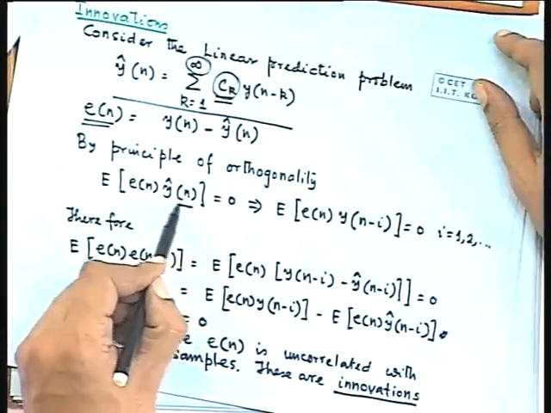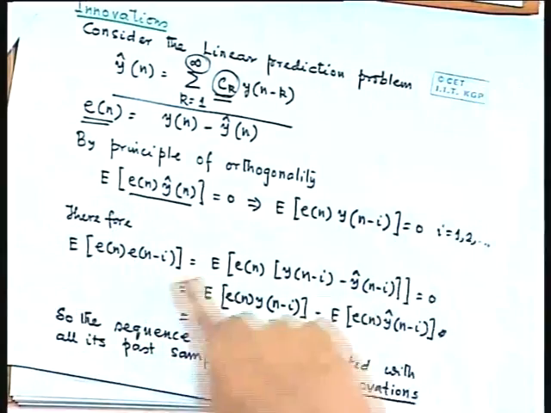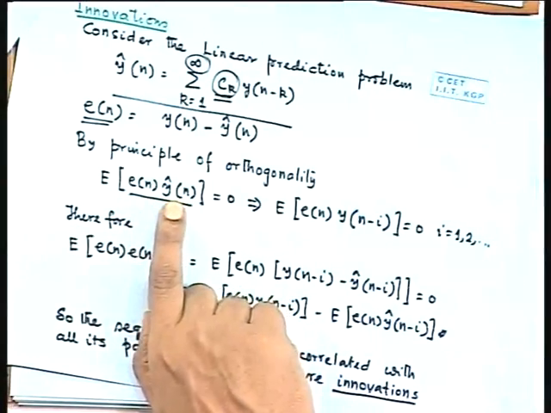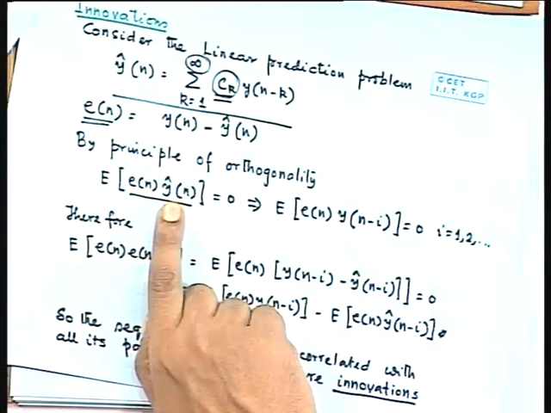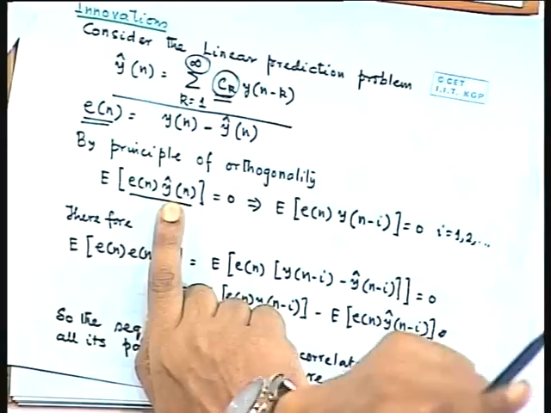What will be the property? The principle of orthogonality will say that en will be orthogonal to y hat n. Now you see, y hat n you have generated from y0 to yn minus 1. So as if you have extracted whatever information you could from the measurements of y0 to yn minus 1 to estimate yn.